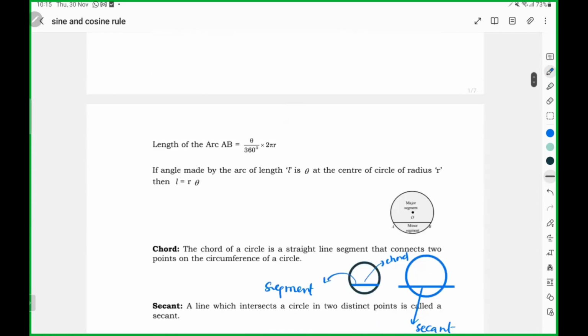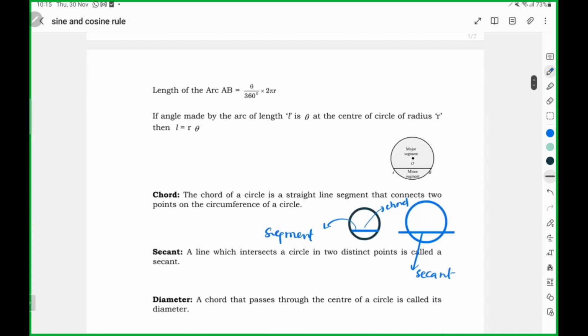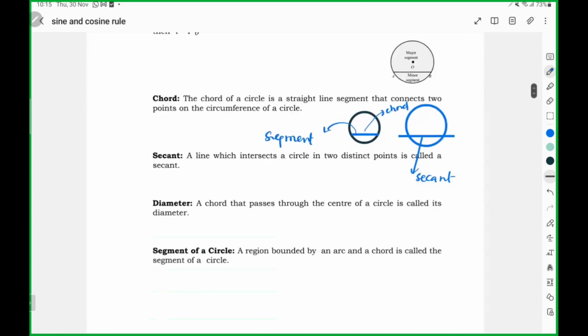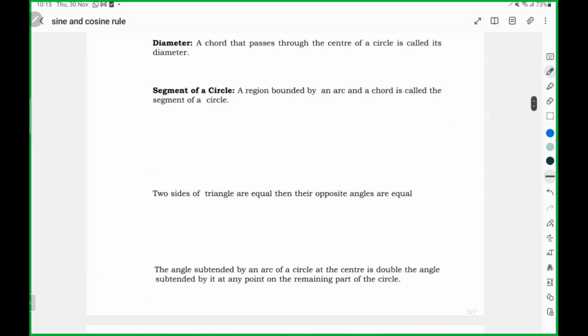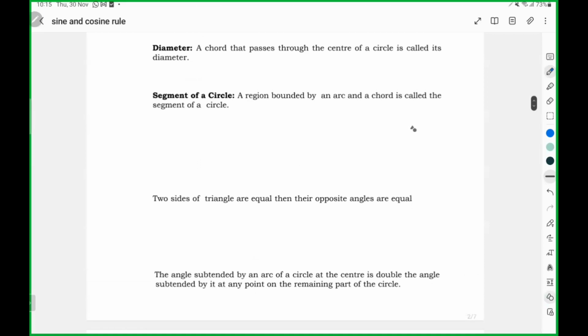So here, major and minor segments. Here is a circle.